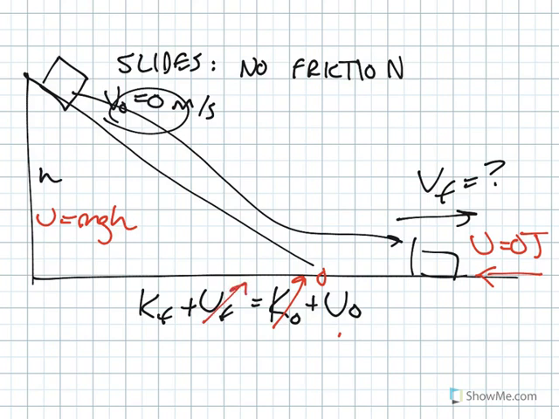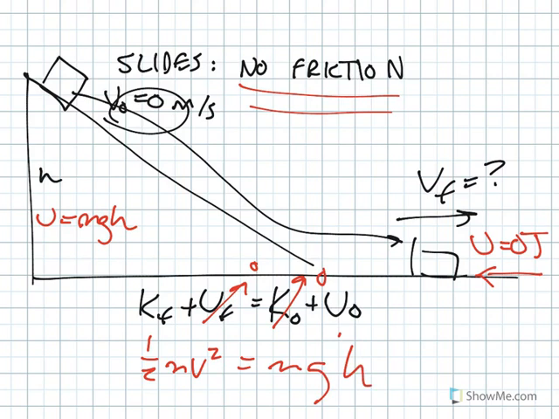Is it all coming back to you now? Because we just did this a few weeks ago. So this tells us that K final, 1/2 mv squared, is equal to the initial potential energy, mgh, because energy is conserved if we forget about friction. That's why you don't need to worry about mass here; the m's go away.